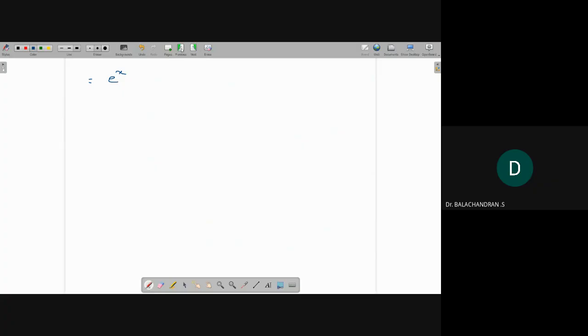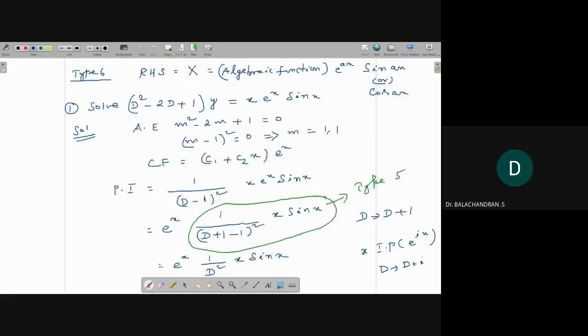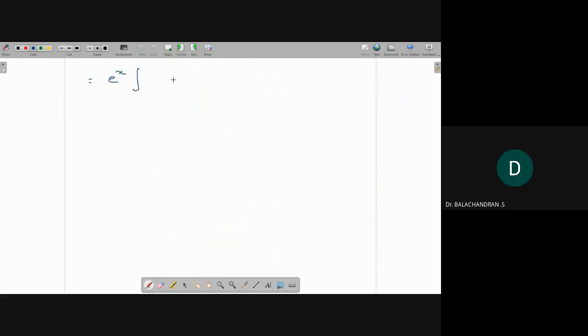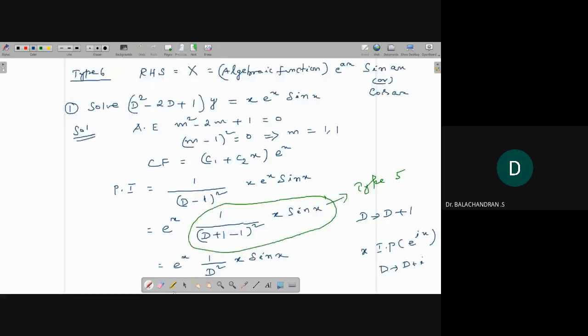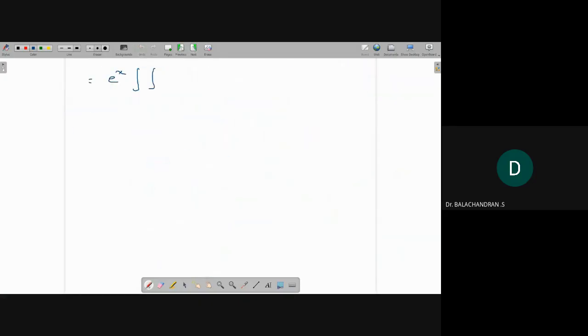E power x into 1 by d square, that is double integral.